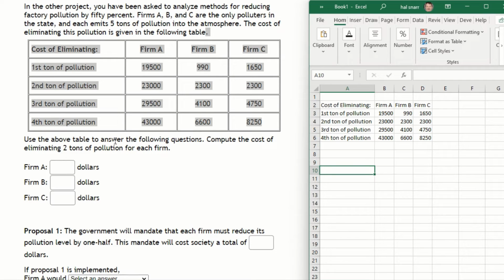Okay, so we're going to use the above table to calculate the cost of eliminating 2 tons of pollution for each firm. So firm A finds that their first ton of pollution reduction to be pretty expensive relative to B and C. And because of diminishing marginal productivity, the very first ton of pollution reduction is going to be much less expensive than the last ton of pollution that is reduced, right?